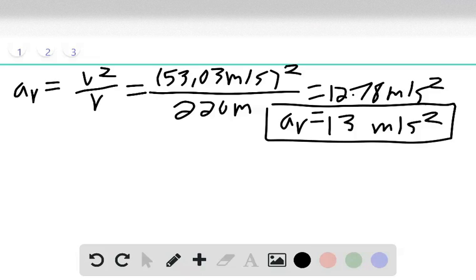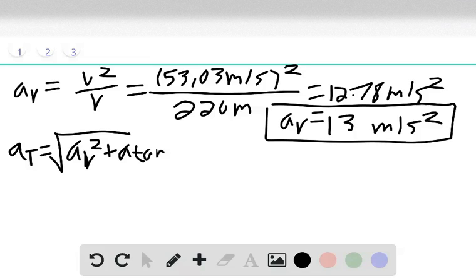So a_total equals the square root of a_R squared plus a_tan squared. If static friction is to provide the total acceleration, then friction is going to have to equal m a_total.